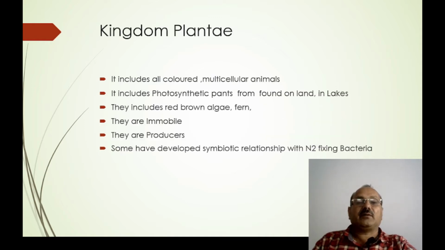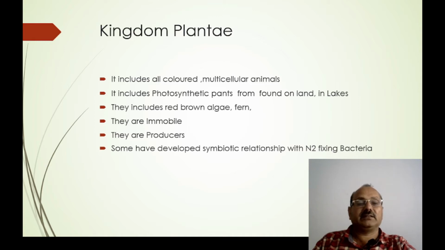The second kingdom, called kingdom Plantae, includes all colored multicellular organisms, mainly plants. They include the photosynthetic plants found on land, in lakes, etc. They include red and brown algae, ferns, etc. They are immobile.